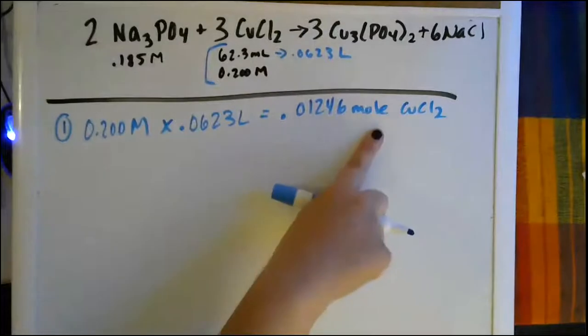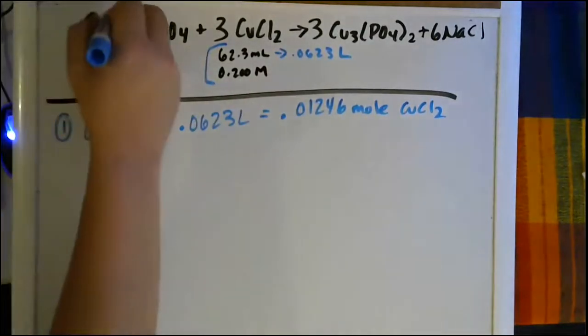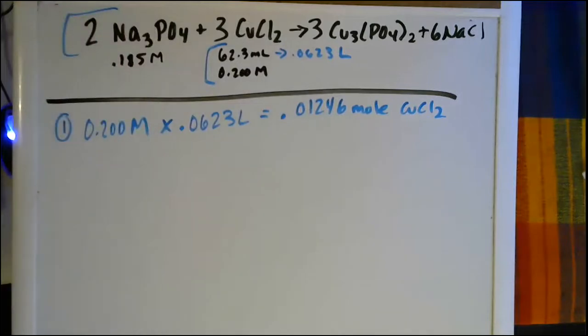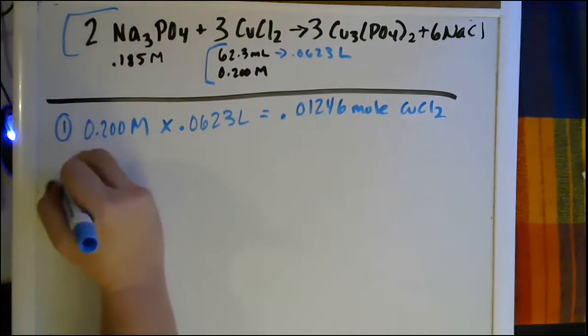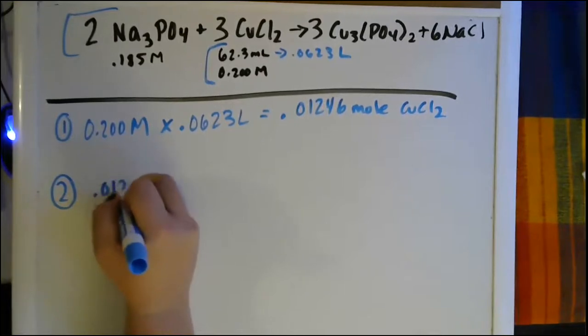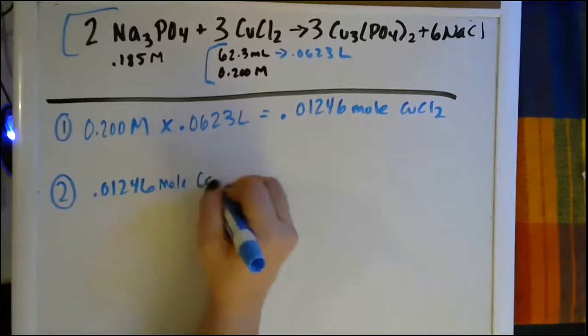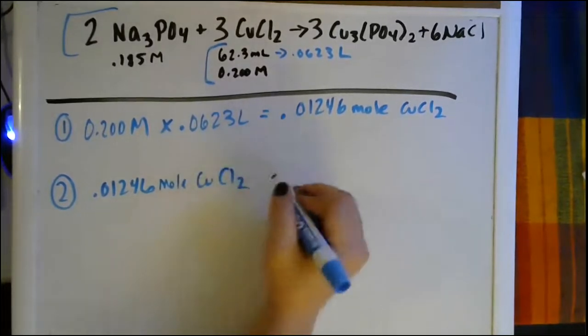Once we know the mole value for this, now we're going to use our balanced chemical equation to figure out the moles of the sodium phosphate that we have. So we're going to start with 0.01246 moles of CuCl2.